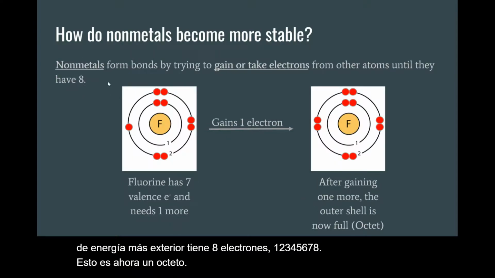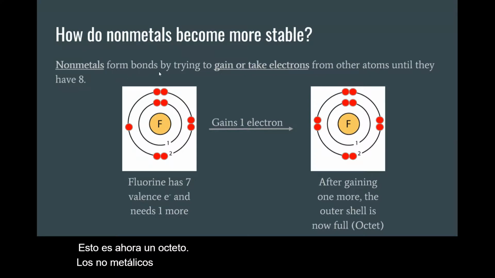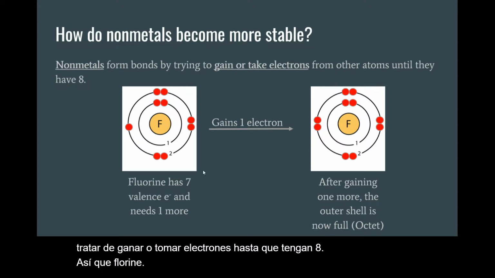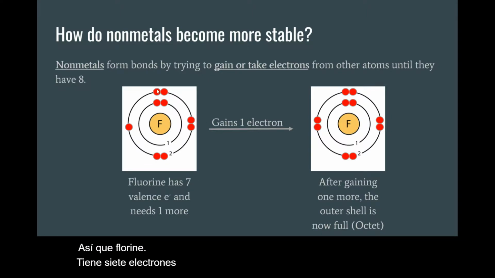Nonmetals form bonds by gaining or taking electrons, and they're going to try to gain or take electrons until they have 8. So fluorine has 7 valence electrons in its outermost energy level: 2, 4, 6, 7. So it needs one more to get to 8.